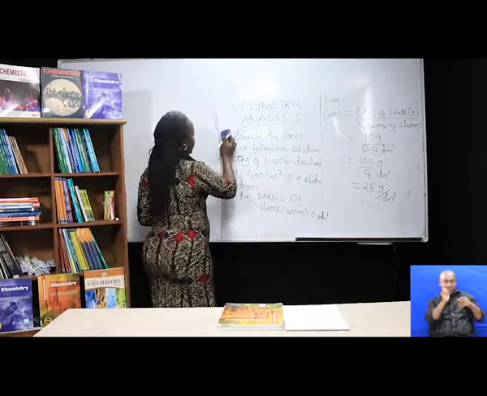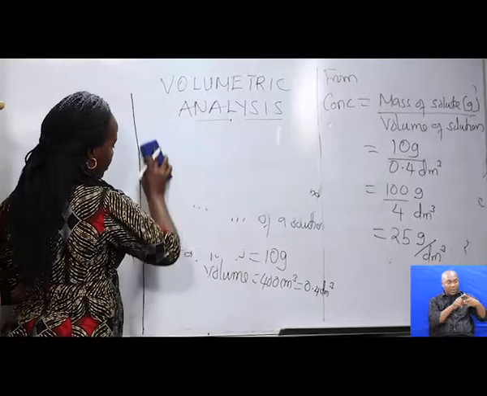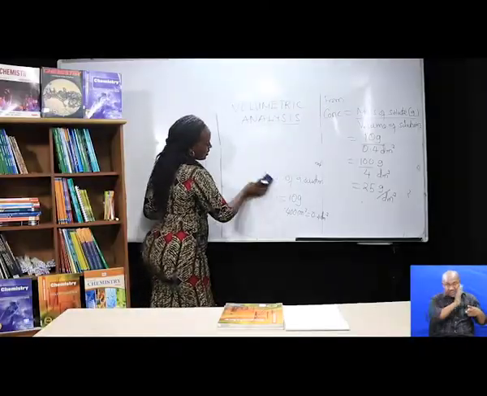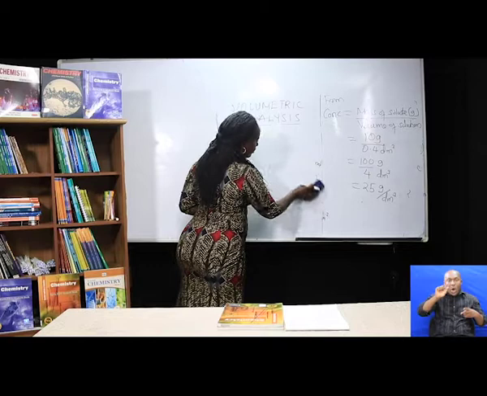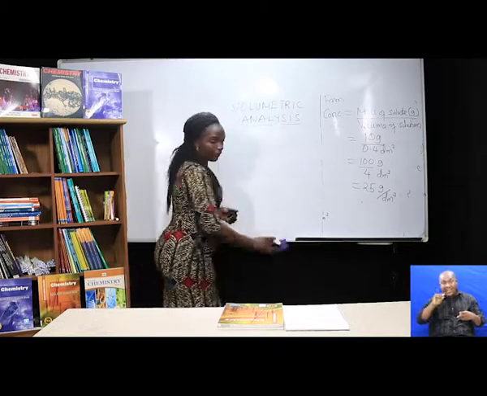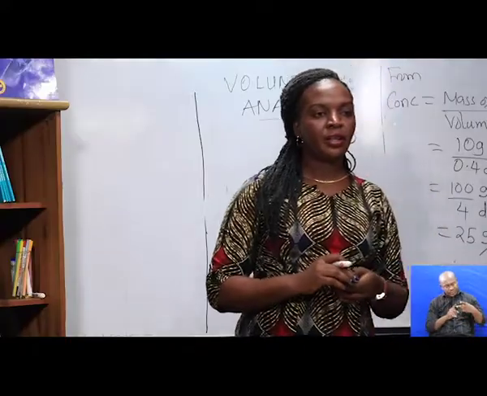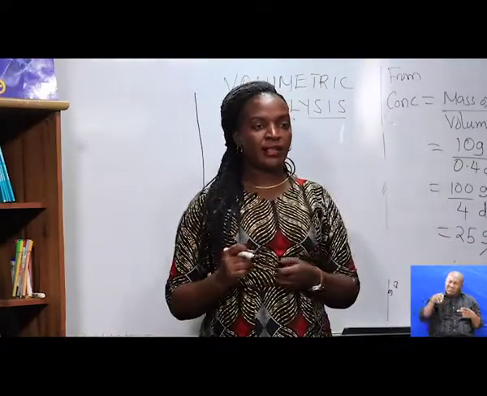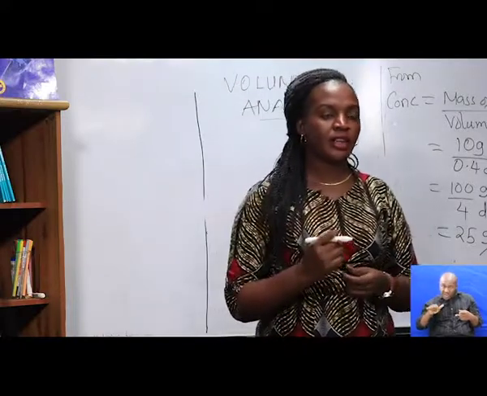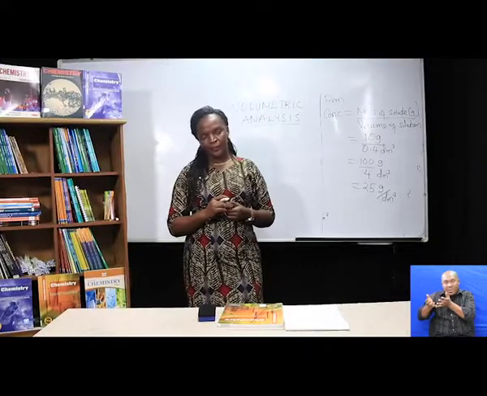Now let's go for number 2, which is called the molar concentration, or in other language it is called the molarity. Then what is molar concentration? Molar concentration or molarity is the amount of a solute dissolved in a liter of solvent.